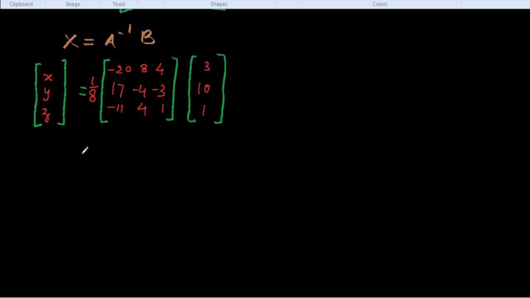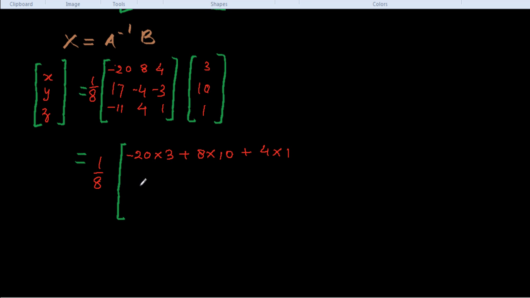We take the first row with this column, then the second row and the third row, with their corresponding elements. So minus 20 into 3 plus 8 into 10 plus 4 into 1. The first element with the first element, second with second, and third with third.